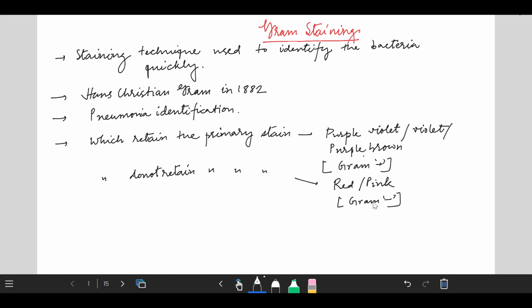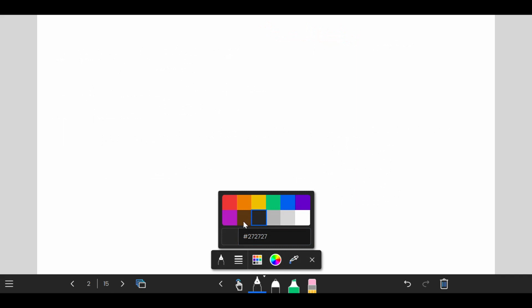Now, we will understand the procedure step by step. So, the procedure. In the first step, we take an inoculation loop, which is used to transfer the suspended culture to the microscopic slide we are using. Okay.